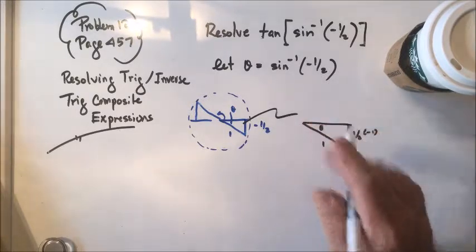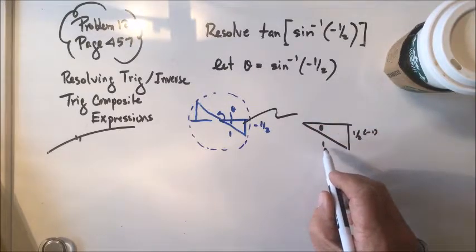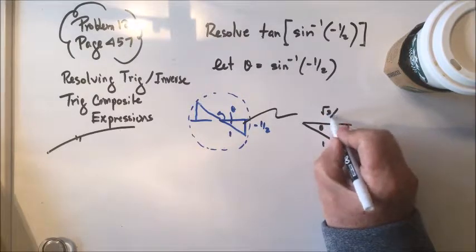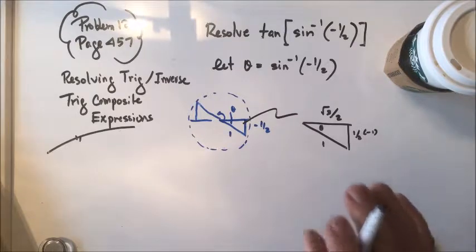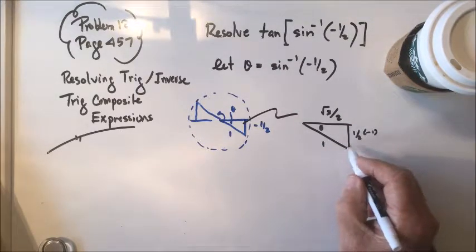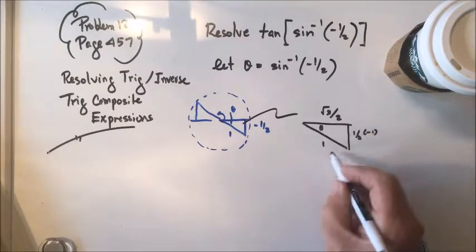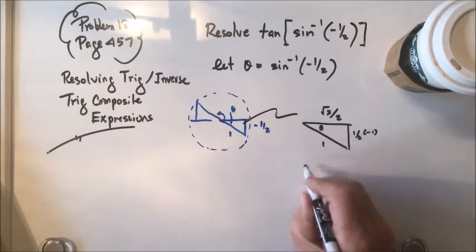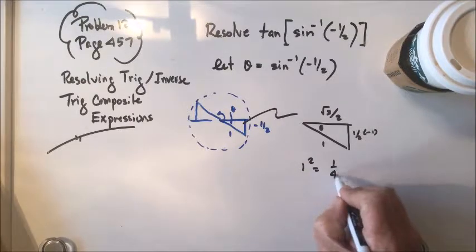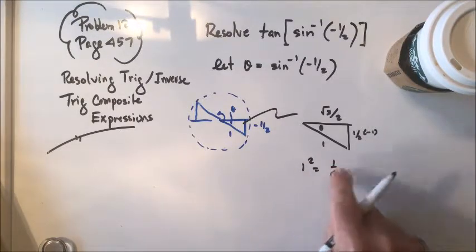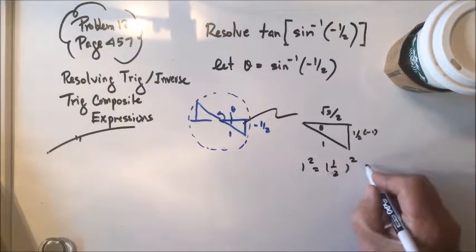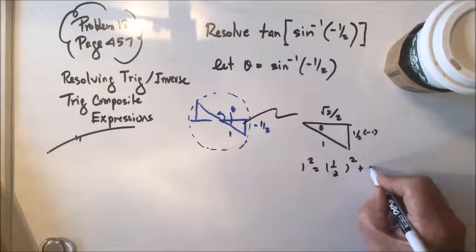And okay, if we're in a triangle whose hypotenuse is 1 and whose short side is 1/2, then either you can tell immediately that this is the 30-60-90 triangle, or you could have resolved that from the Pythagorean theorem, because after all, the hypotenuse squared is equal to this side squared, let me say 1/2 squared, plus this side squared.